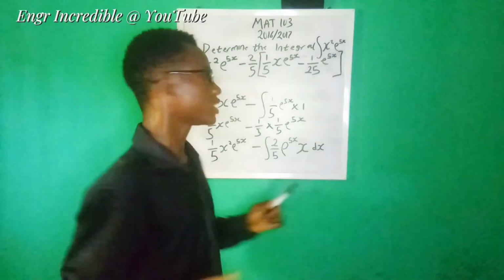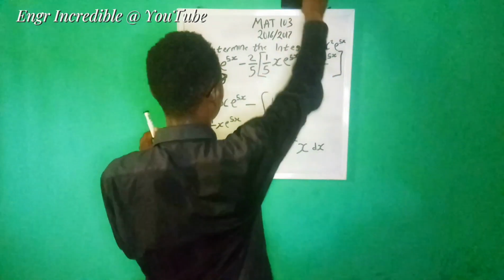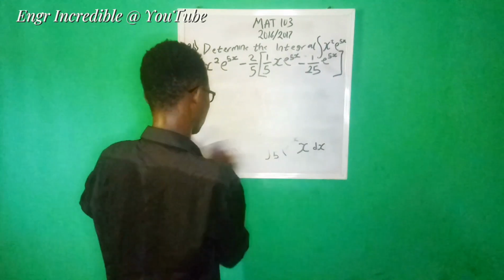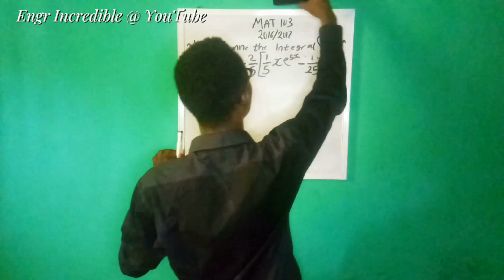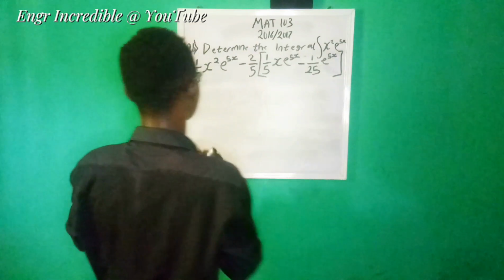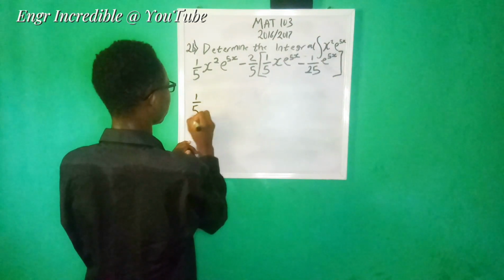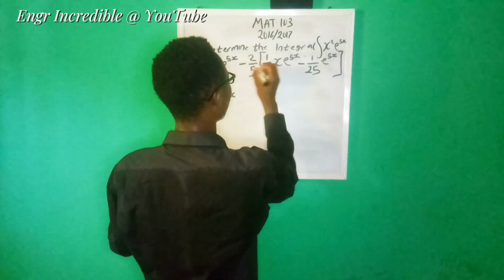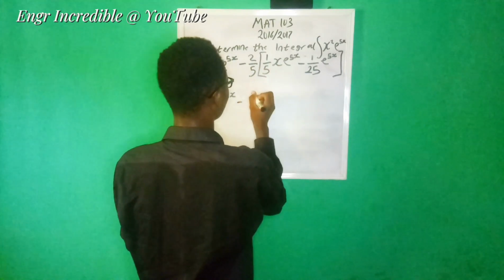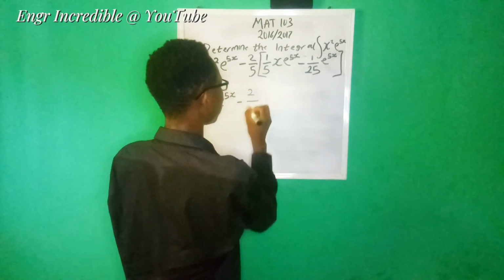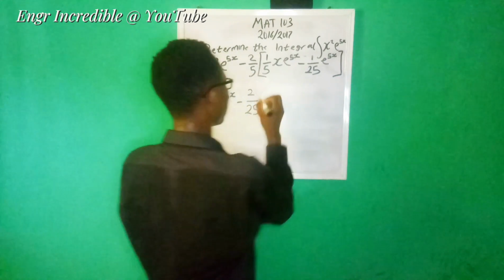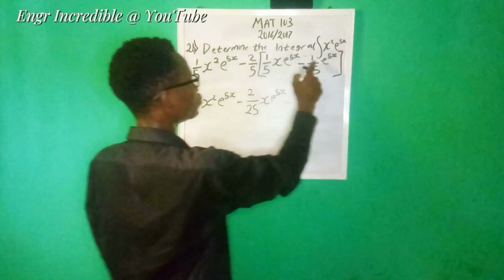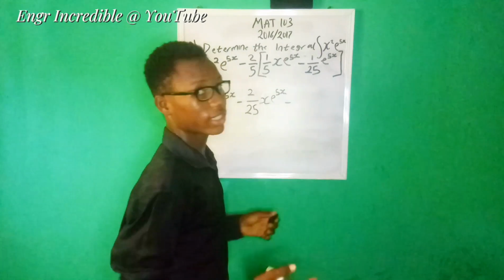So when we are getting our final answer, when we try to simplify everything here, we can have 1 over 5 x squared times e raised to power 5x, then 2 over 5 multiplied by this one, that is minus 2 over 5 times 5, 25, so 2 over 25 x times e raised to power 5x, minus 2 over 5 times 25, 125.